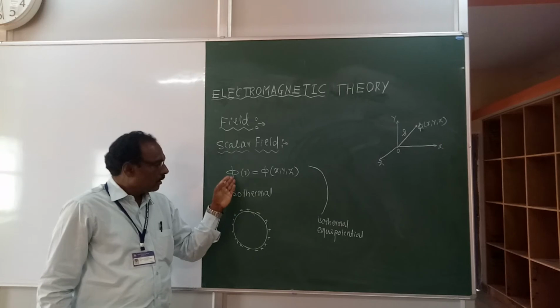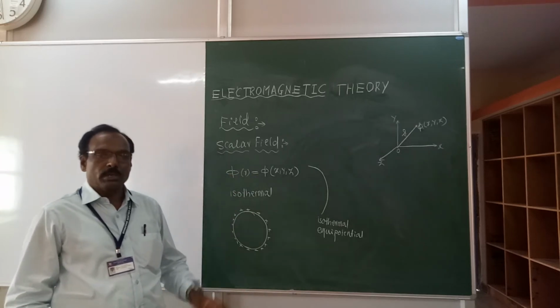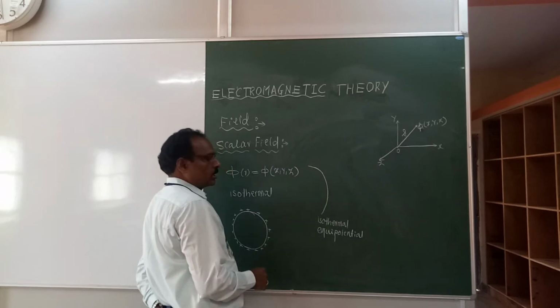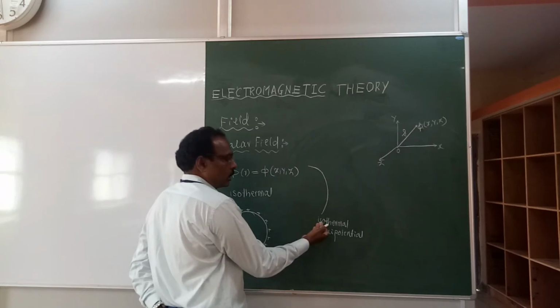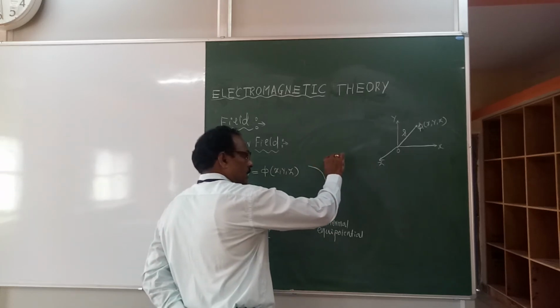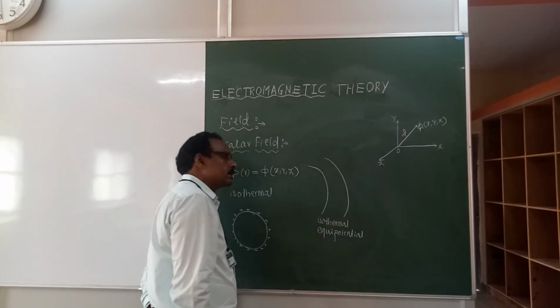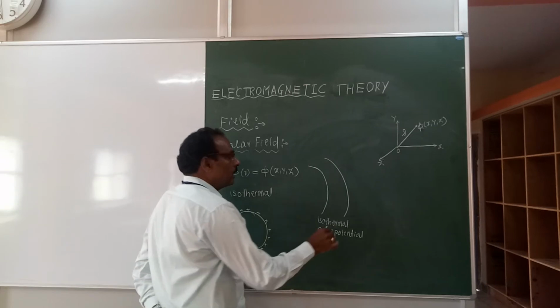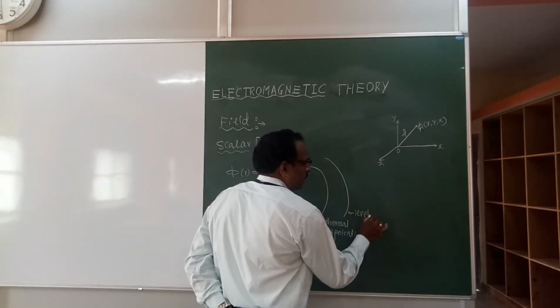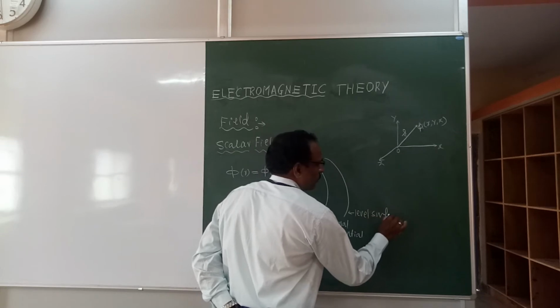This scalar function is represented by equipotential surfaces or isothermal surfaces. By drawing the surfaces, they are called level surfaces.